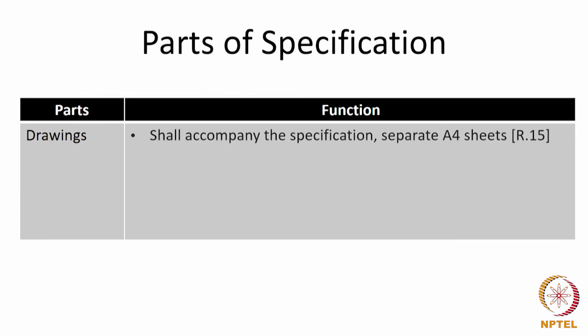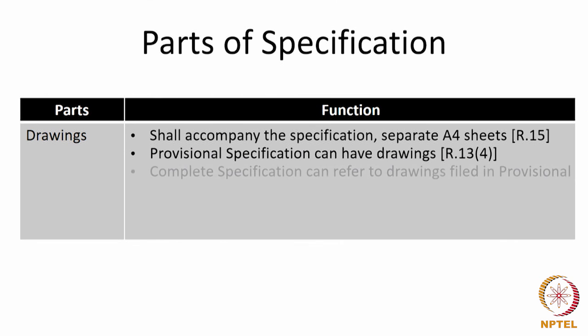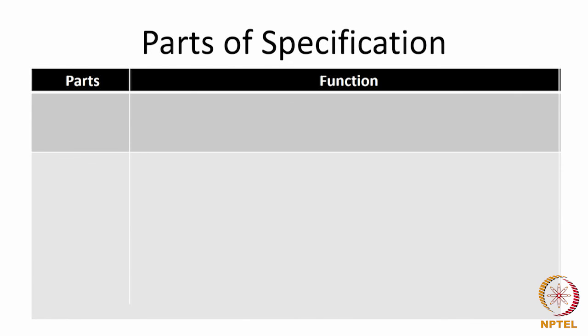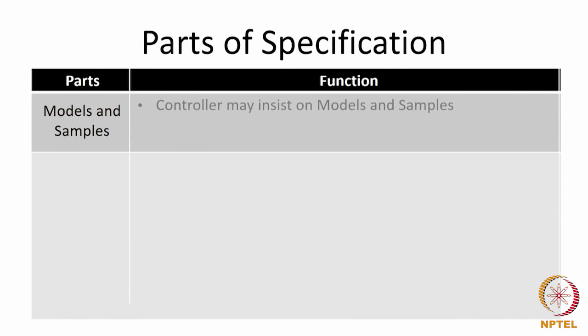Drawings, they shall accompany the specification, they shall be in separate A4 sheets, that is a requirement under Rule 15. The provisional specification can have drawings, the complete specification can refer to the drawings filed in the provisional. Dimensions shall not be marked in the drawing. No descriptive matter except for flow diagrams, we had already mentioned this. Models and samples, the controller may insist on models and samples.